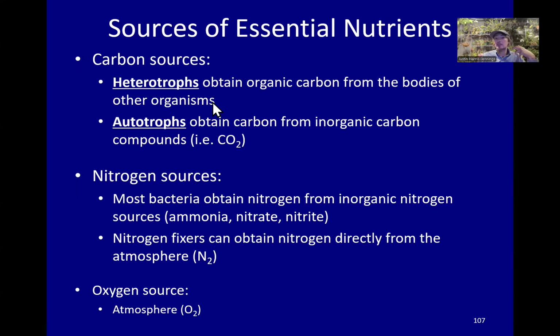Do we just steal them from other organic molecules from other organisms by eating those organisms? Or do we get it from carbon dioxide and then we have to build those organic compounds from this inorganic carbon? And we have to go through and make organic carbon from this inorganic carbon.